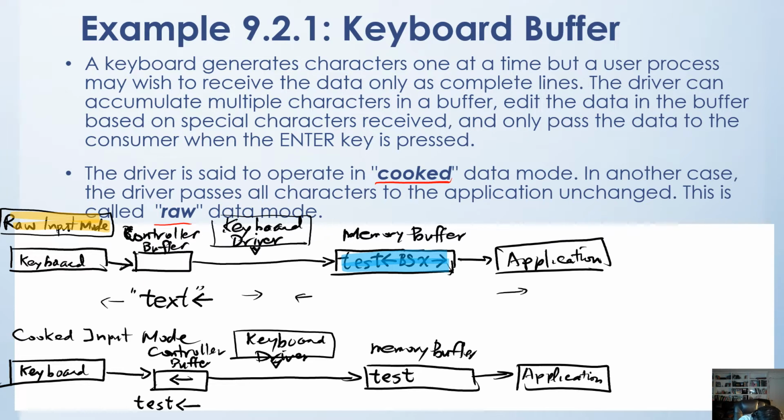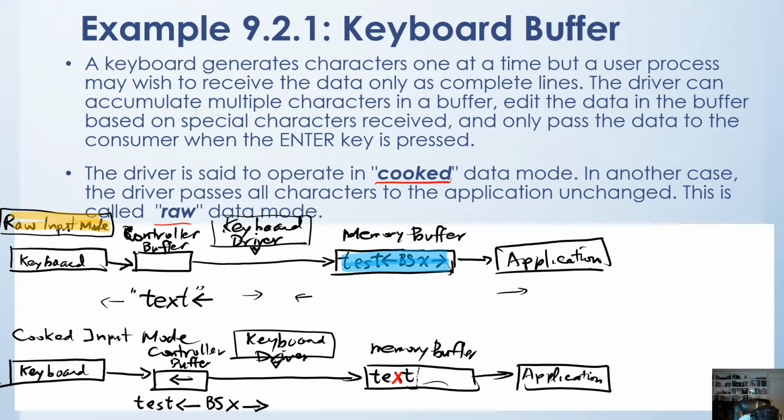In that case, you move the cursor to over here, and then type BS, which erases the S, and then type X. You put the X in there, and then press the right arrow, so you move the cursor to here.